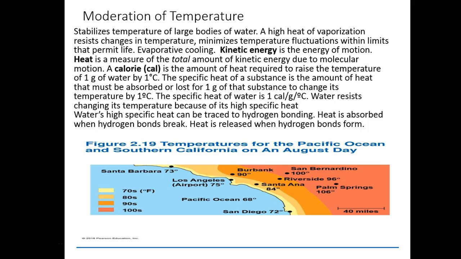Well, first of all, let's define what temperature is. Temperature is the measurement, or the average measurement, of kinetic energy. And kinetic energy is defined as the energy of motion. We're talking about the motion of the individual molecules. So heat is the measure of the total amount of kinetic energy due to molecular motion.